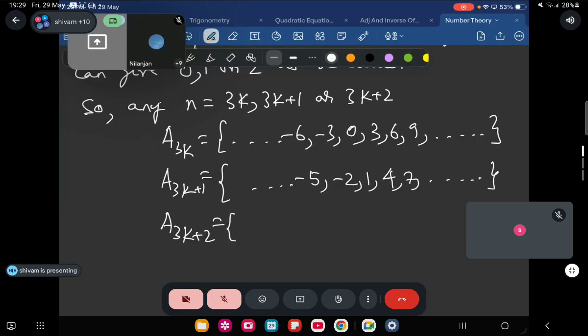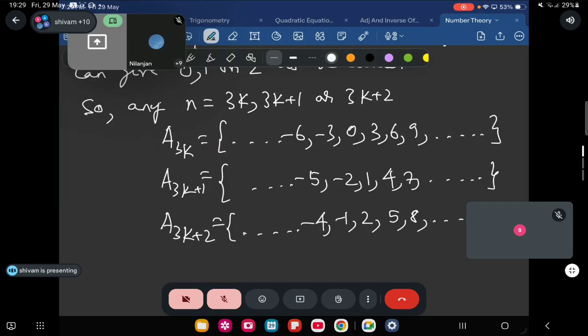Dot dot dot, minus 4, minus 1, 2, 5, 8, dot dot dot. These are the numbers which when divided by 3 leave the remainder 2.